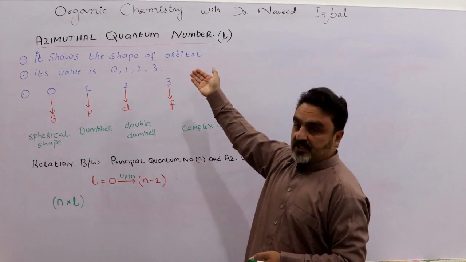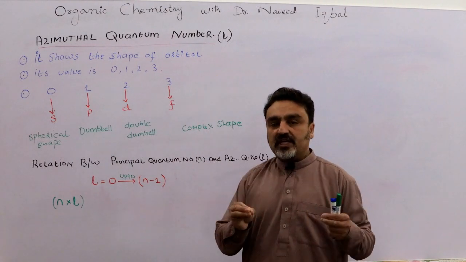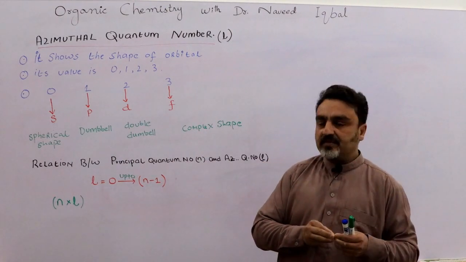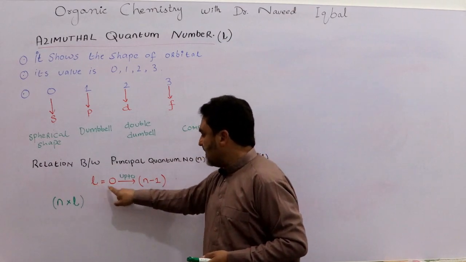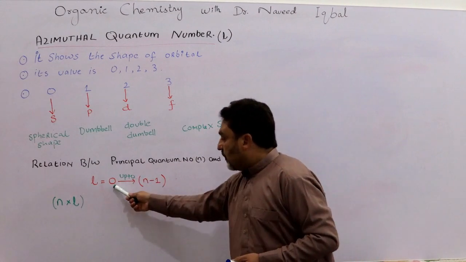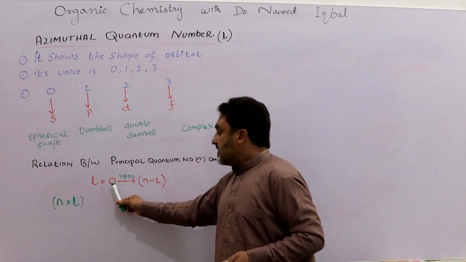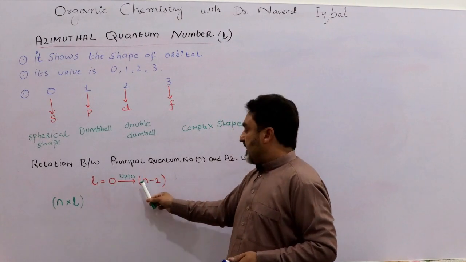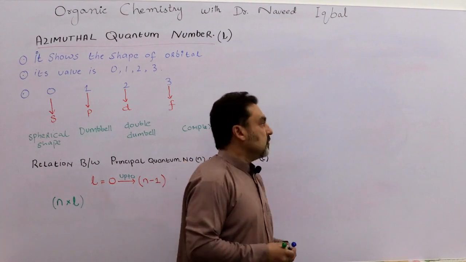So what information does the azimuthal quantum number give us, and how is it related to the principal quantum number? L is equal to 0 up to n minus 1. It's not just n minus 1, it's 0 up to n minus 1. It will be clear from some examples.